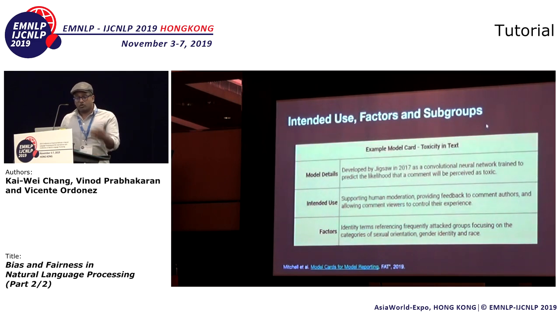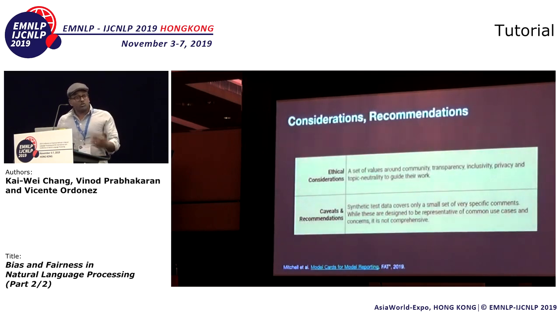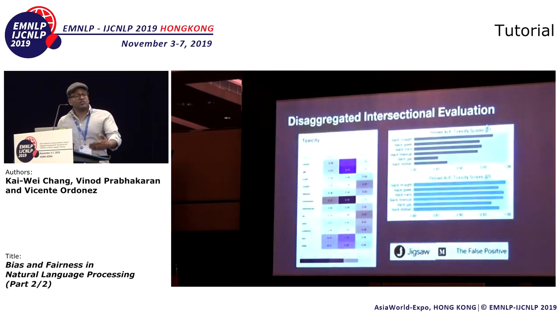It could talk about the intended use of this model, different factors to consider, the metrics that were used for evaluating them, and the training data that was used. It could also give information about the ethical considerations of using this kind of model. You can think of many different ML models that could have ethical questions, and this could be a way to communicate that. And also disaggregated evaluation.